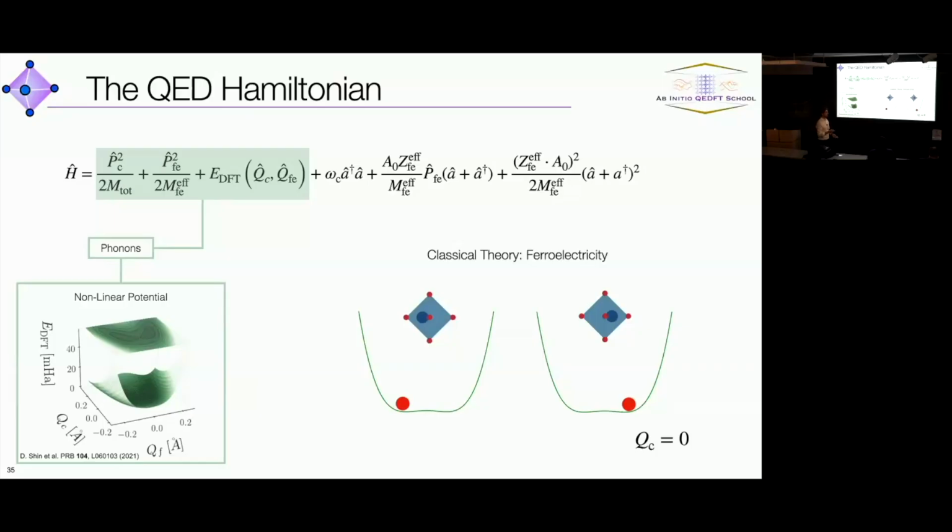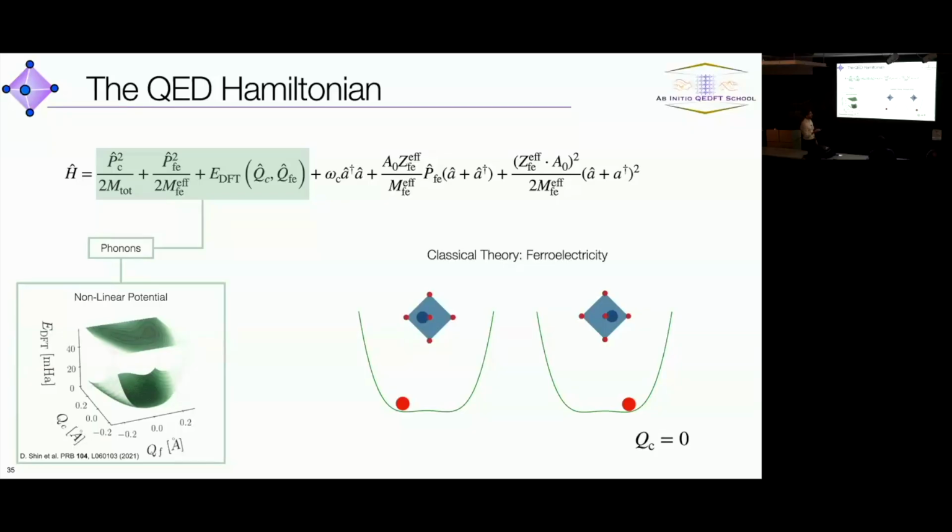And this is crucial because if you just did classical theory for this phononic system, you would expect that the lower energy state is just localized in either of the two wells, right? Because that's lower energy than the top.